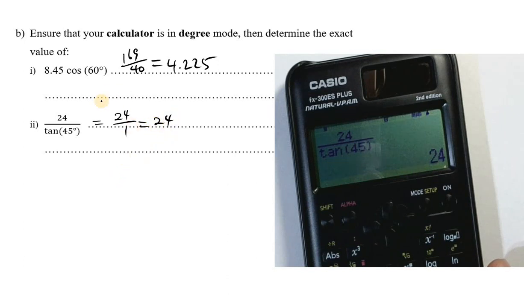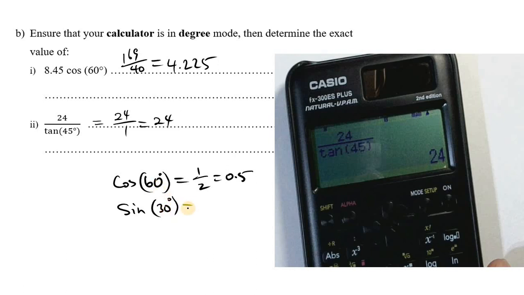Alright, so you want to remember that cosine of 60 degrees is 0.5 or half. Sine of the complement of 60 is 30, because 60 degrees plus 30 degrees is 90 degrees, and two angles that add up to 90 are complementary angles, so these will be the same.